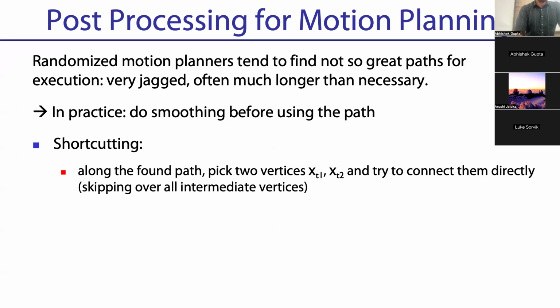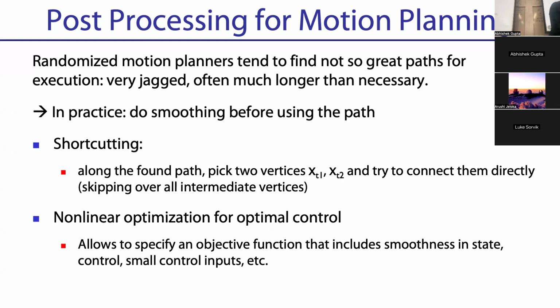You do two things. First one is called shortcutting. Let's say you had a path that goes like this. You do shortcutting, which says pick two vertices, and if you can connect them directly and get to a shorter path, do it. This will make this path shorter. And that often makes your paths way smoother and way more direct.